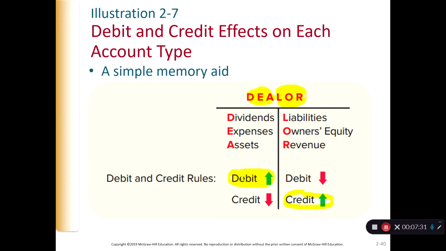When you have an increase in liability, owner's equity, and revenue, you remember to credit it. If you remember how to record it when it's increasing, then you will know exactly how to record it when it's decreasing.